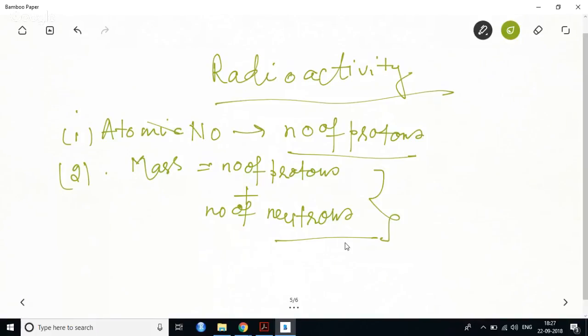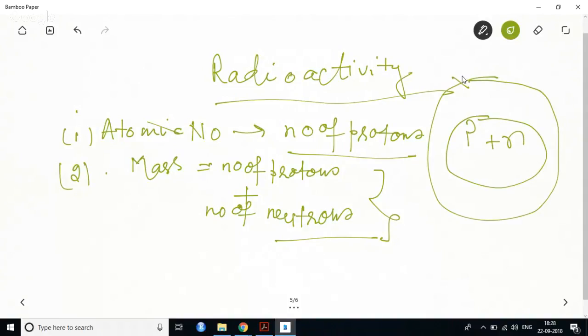Naturally, what happens is that larger nuclei, with atomic numbers more than 82, have a huge size. Try to understand, guys, this is not there in the book. We have protons plus neutrons here, and electrons roaming around. Why are neutrons present here? The presence of neutrons is to balance the protons.